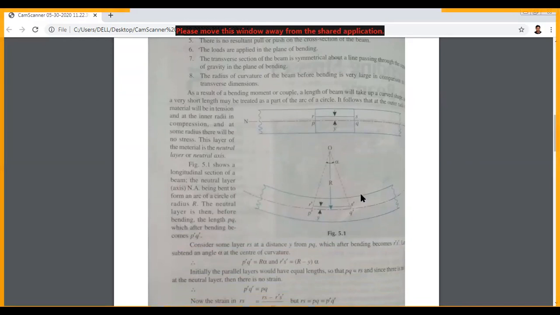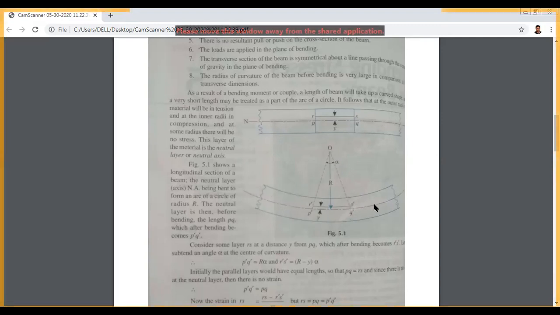Otherwise, every parameter will be the same; only the direction and the sign will be opposite. So we are discussing a plain beam, that is, a beam with the basic assumptions, such as homogeneous material. This beam is subjected to bending stress, and it is bending like this. We can see this is the sagging situation.